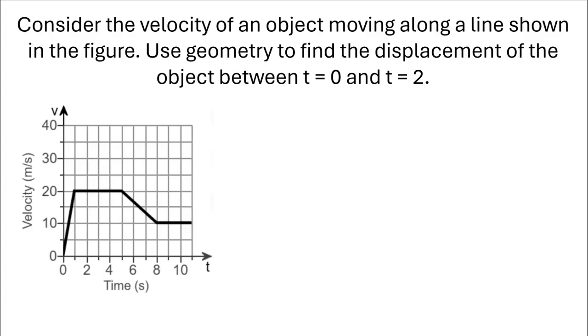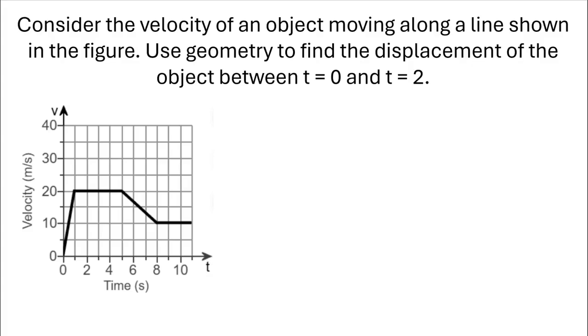Because this is the graph of the velocity of an object, we can see that the velocity is increasing between t equals 0 and t equals 1, because between t equals 0 and t equals 1, our graph is increasing. So that means that the velocity is steadily increasing on that interval.